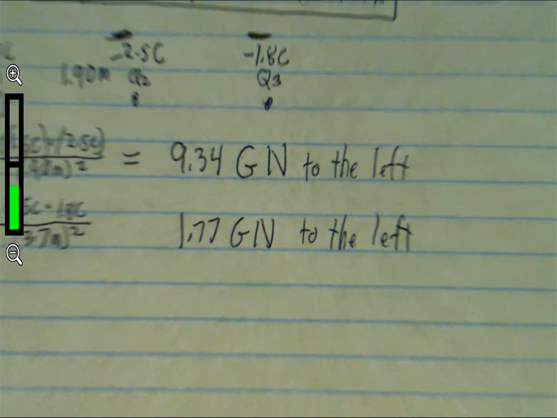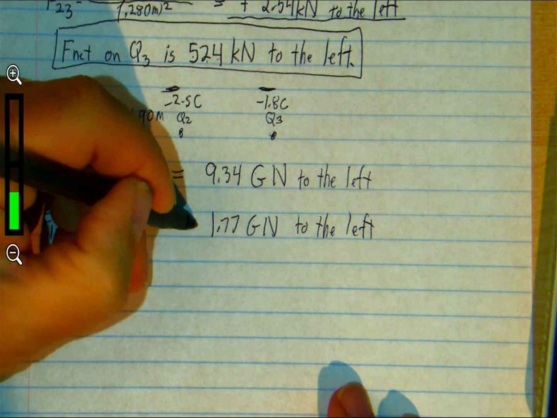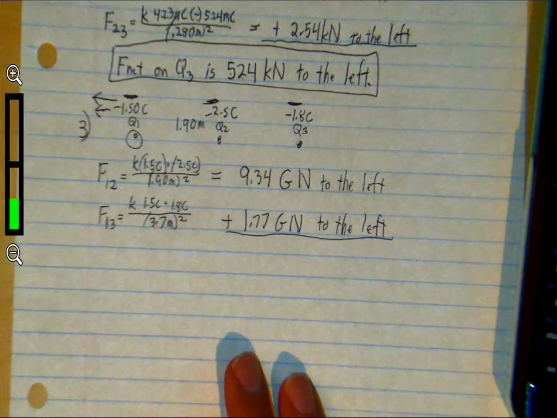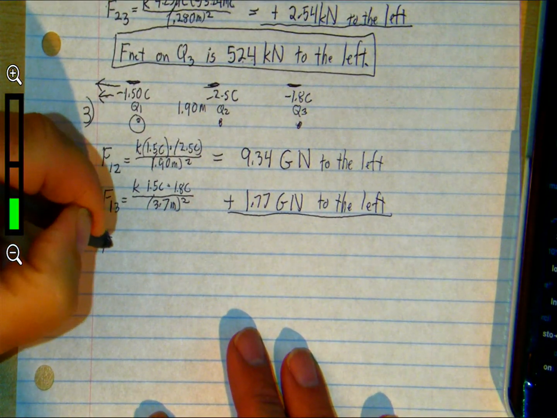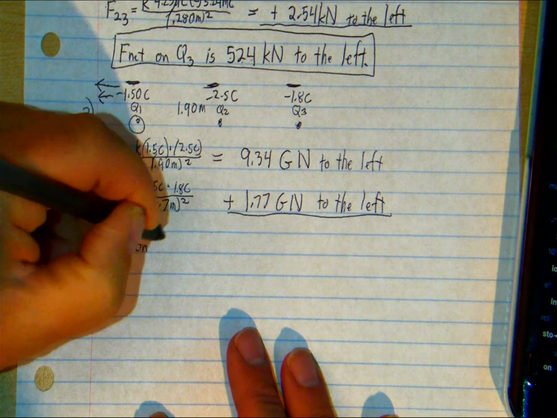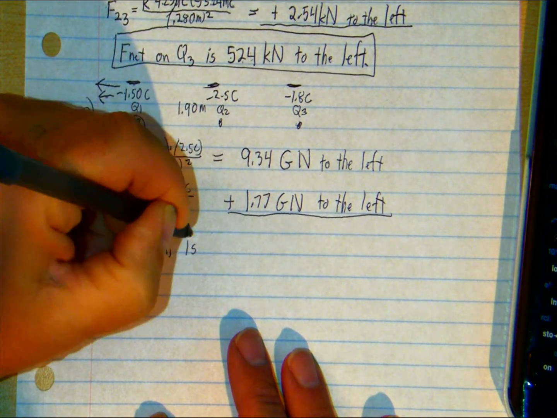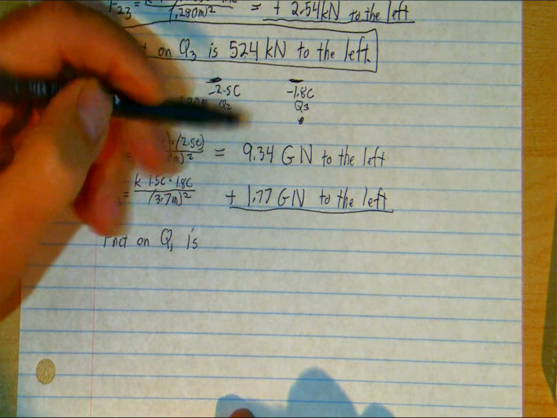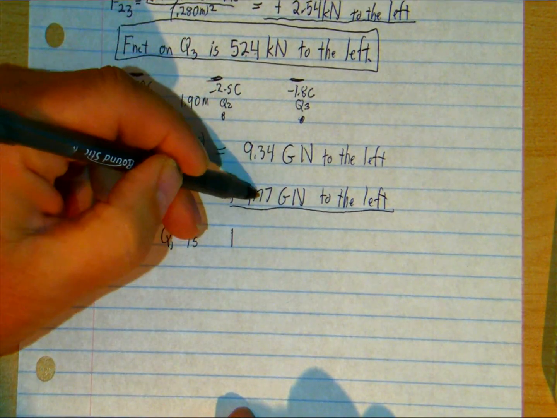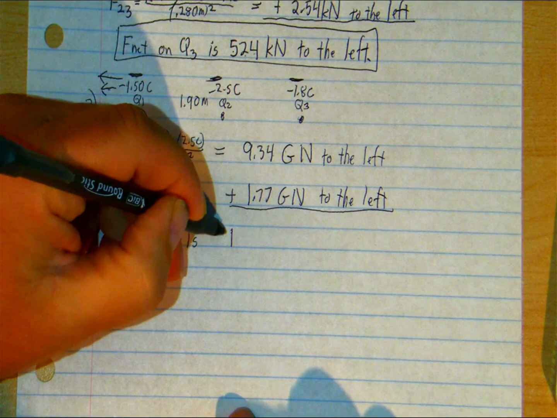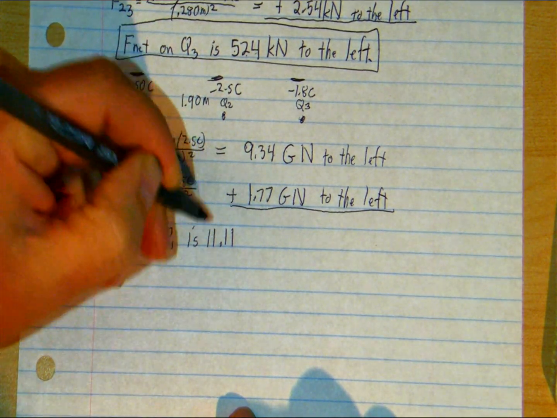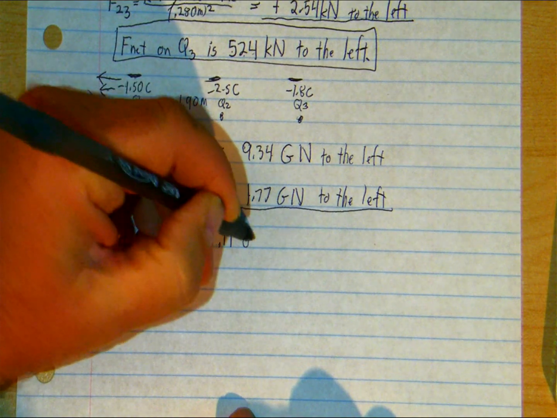So to find the net force, you just add these two magnitudes together. And you would write the net force on Q1 is, oh man, 7 plus 4 is 11. 10 plus 1 is 11. 9, 10, 11 giganewtons.